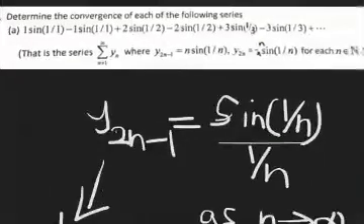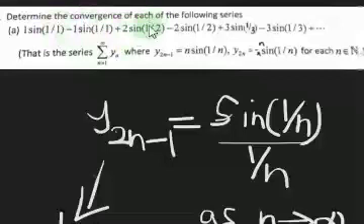So here 1 times sine of 1, minus that term, plus 2 times sine of 1 over 2. So this is the general term here, the general consecutive terms. This is the odd term and this is the even term.